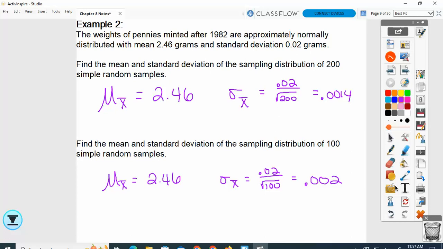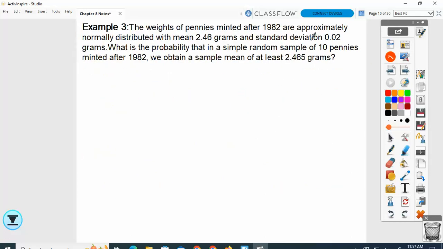All right, let's connect this to what we have been doing with our normal distribution. So I told you they were normally distributed. Okay, this is the same scenario. But I want the probability that in a simple random sample of 10 pennies, minted after 1982, we will obtain a sample mean of at least 2.465 grams. All right, so let's write down some information.